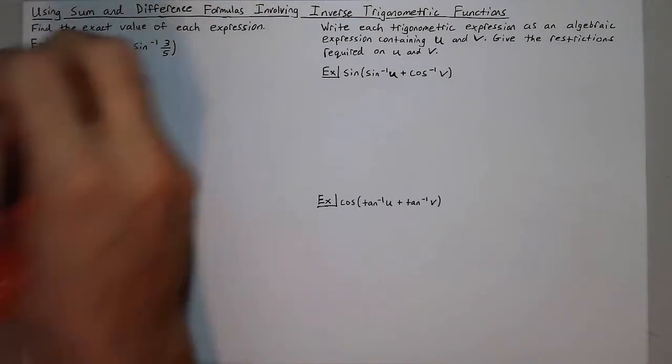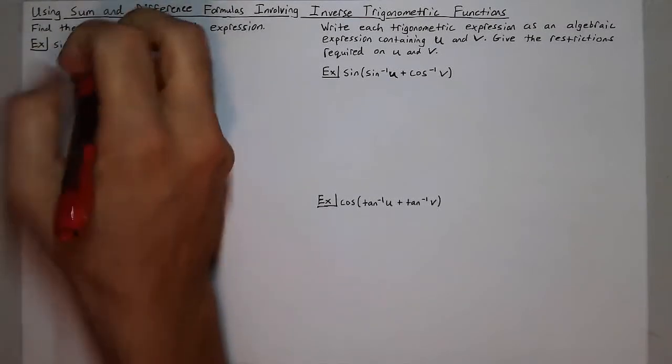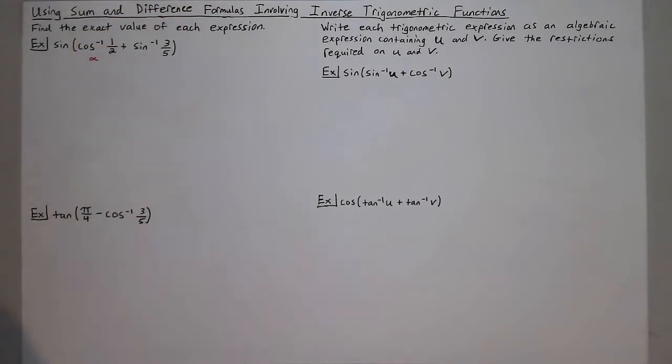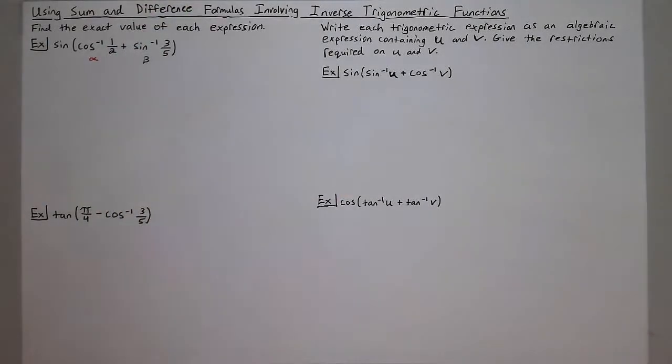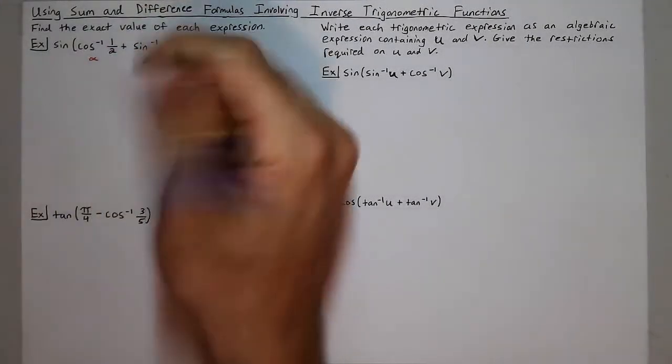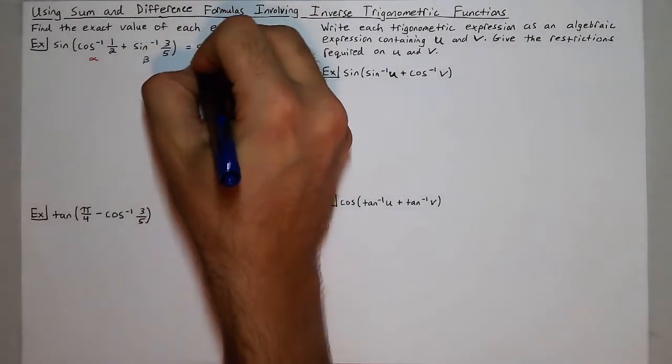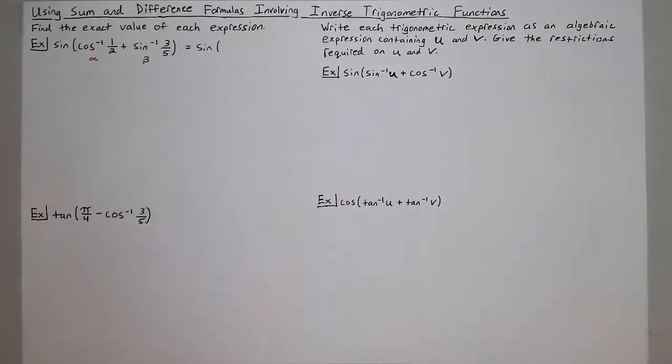So if I think of this cosine inverse of 1/2 as my alpha, and my sine inverse of 3/5 as my beta, I can think of this expression as sine of alpha plus beta.